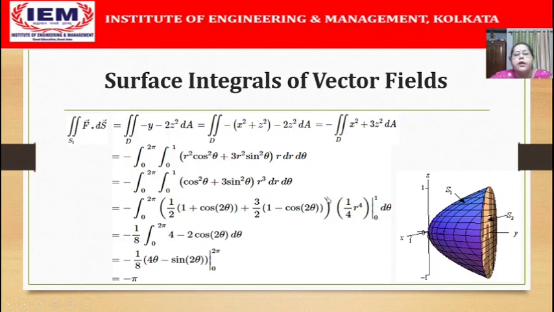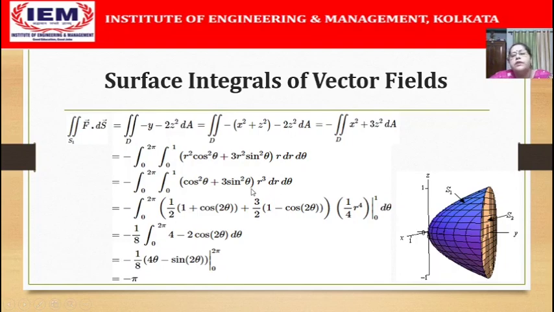The double integral now takes this form: the integrand becomes r square cos square theta plus 3r square sin square theta, and the surface element is given by r dr d theta in polar coordinates. And what are the limits of r and theta? For a circle of radius 1, r varies from 0 to 1 and theta varies from 0 to 2 pi. So we just evaluate these two integrals, cos square theta plus 3 sin square theta, and here we have r cubed dr d theta.